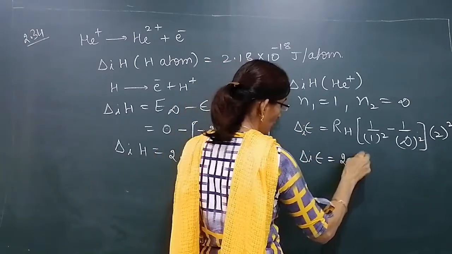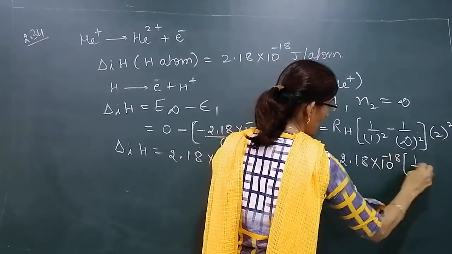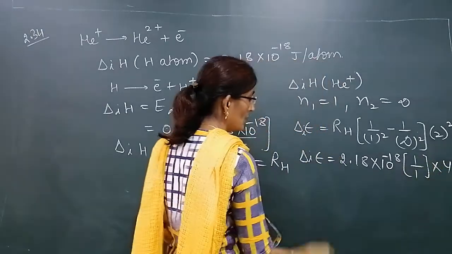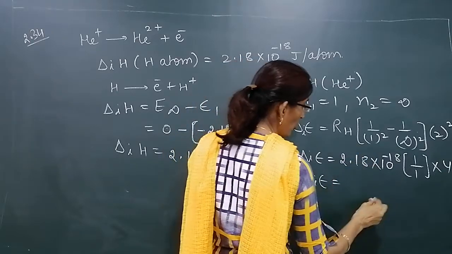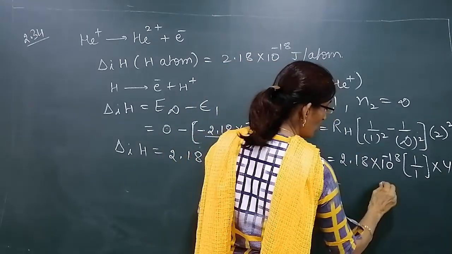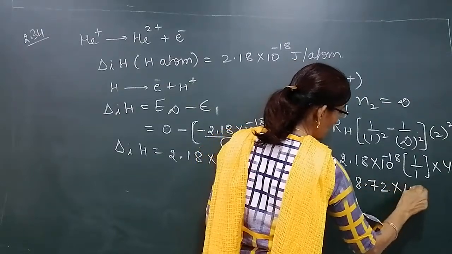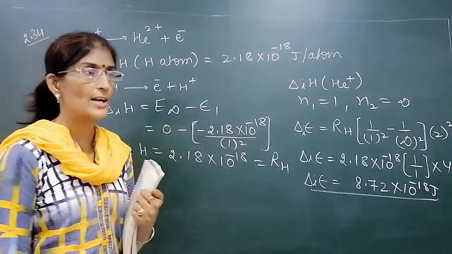RH is 2.18 times 10 to the power minus 18. It's 1 by 1 square, 1 by infinite is 0, multiplied by 4. So ionization energy for helium is 4 times that, 8.72 into 10 to the power minus 18 joule. This is the ionization energy for He plus.